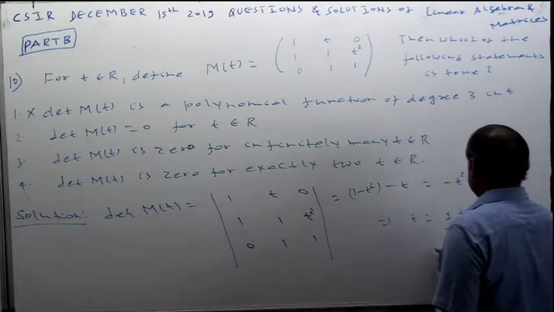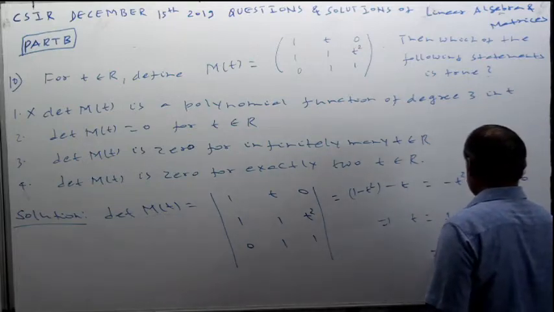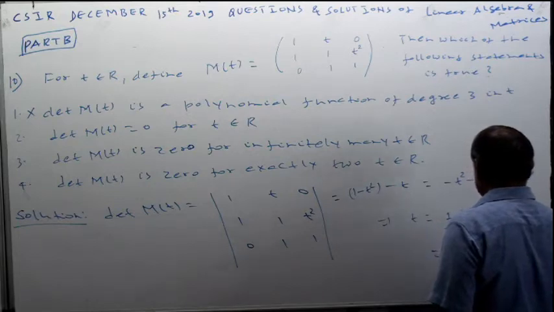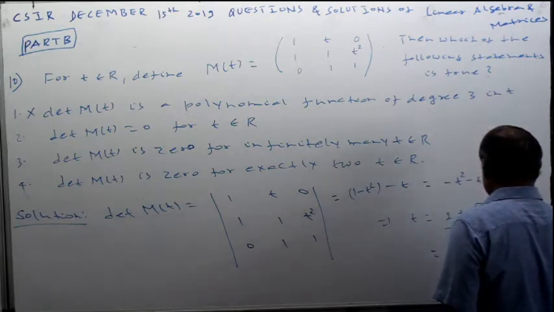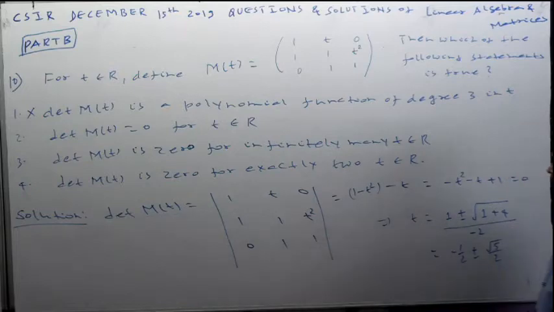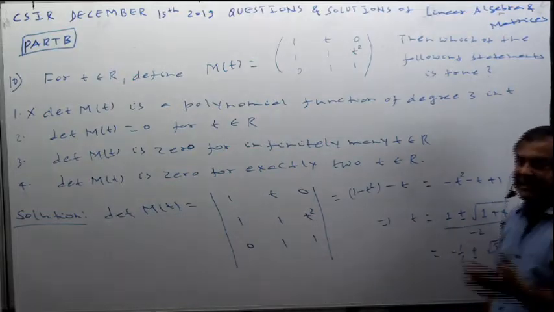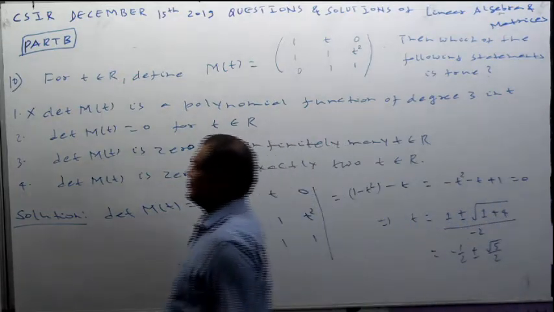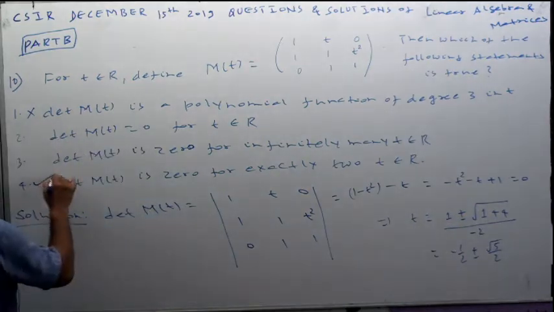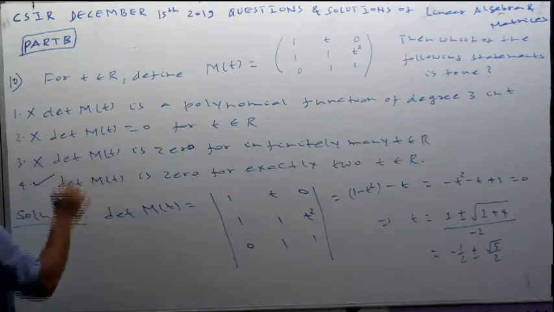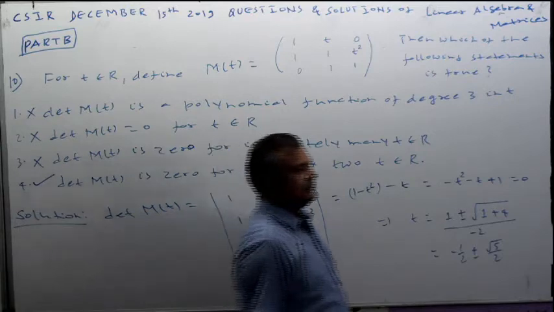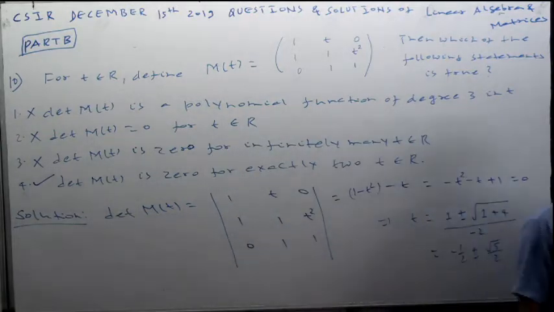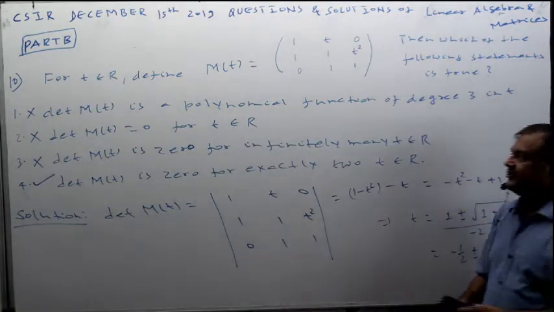So this equals to 0 implies t takes two values, minus half plus minus under root 5 by 2. So at only two values, the determinant is 0. So the fourth option is correct. And if one of them is correct, it is a part B question. All are totally false. So this was a very, very simple question.